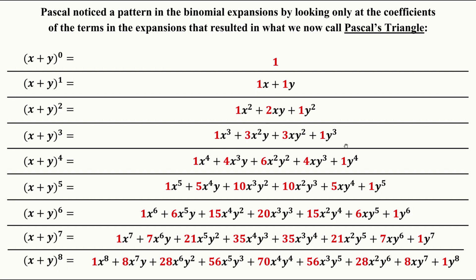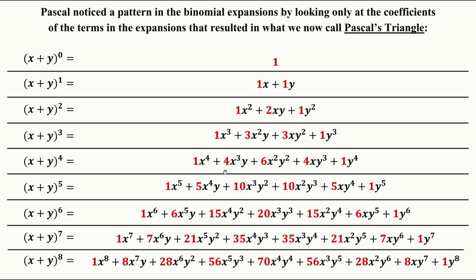And the pattern is very interesting because if you ignore the ones on the first and last terms, you notice that, for example, this 3 here can be obtained by adding the 1 and the 2 here, or the 2 here itself can be obtained by adding those 2 ones. The same for this 3, you can add those 2 numbers, 2 and 1, to get the 3.